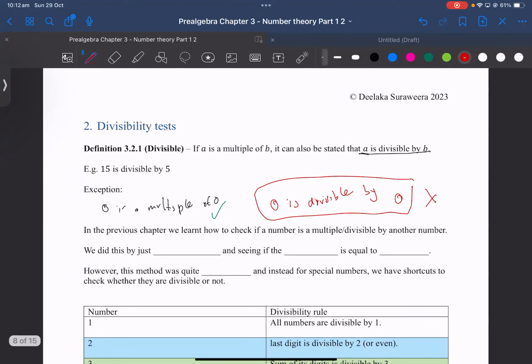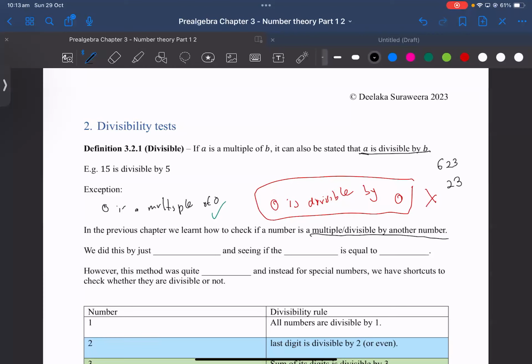Now, in the last section, we learned to check if a number is a multiple of or divisible by another number. How do we do this? If I want you to check whether 623 is divisible by 23, how would you do it?